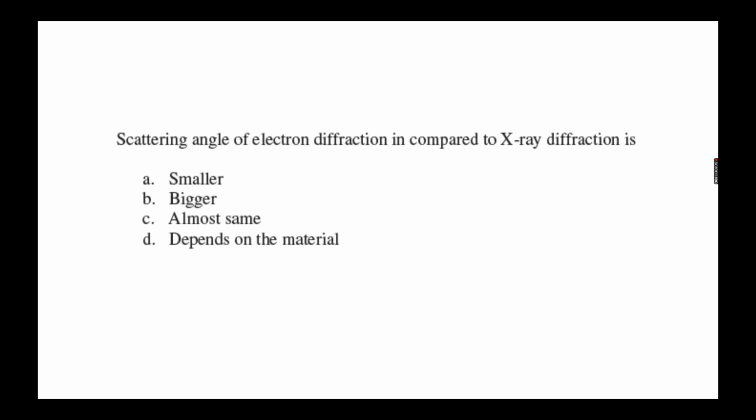So the scattering angle of electron diffraction compared to X-ray diffraction is smaller, bigger, almost the same, or depends on the material. Can you answer this question, or if you have any experience related to XRD and electron diffraction, can you comment on the scattering angle of both, or the relation between both?